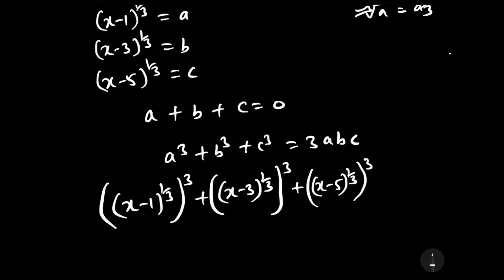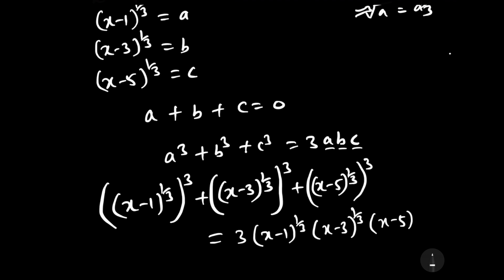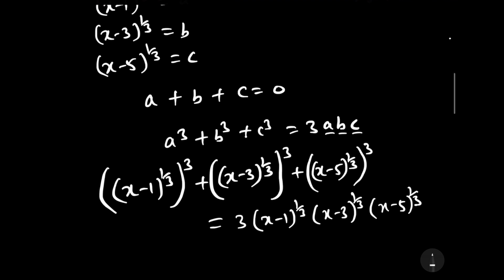And this is equal to 3 times a, b and c, so we replace the values of a, b and c: this equals 3 times (x minus 1) to the power 1 by 3 times (x minus 3) to the power 1 by 3 times (x minus 5) to the power 1 by 3.